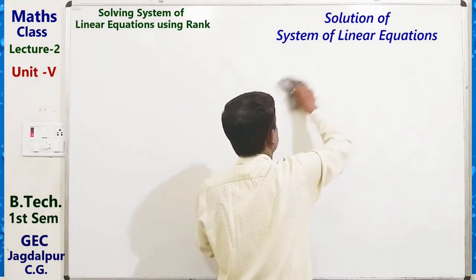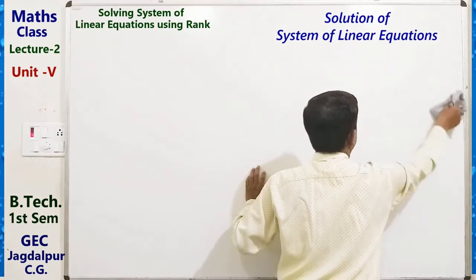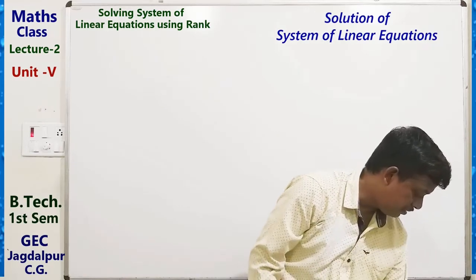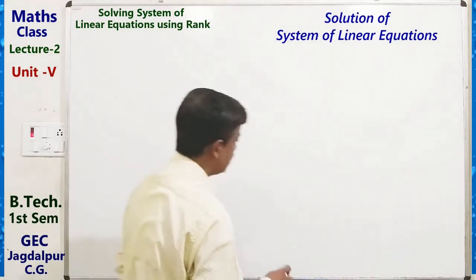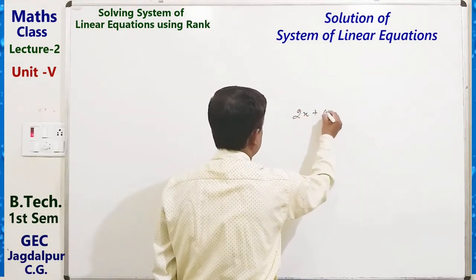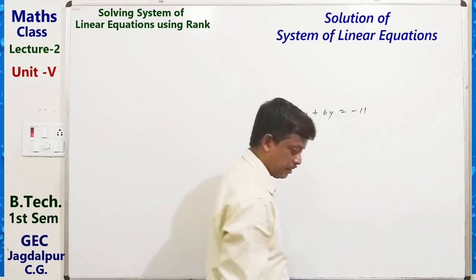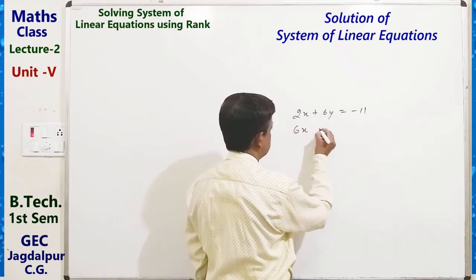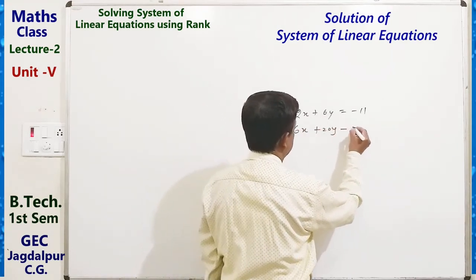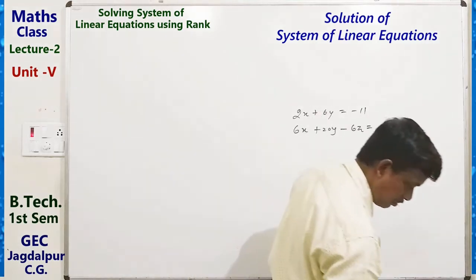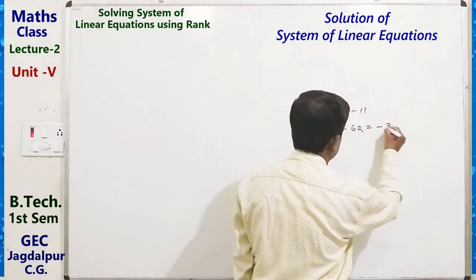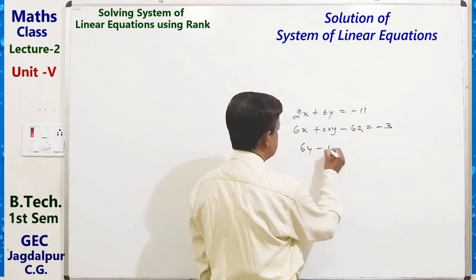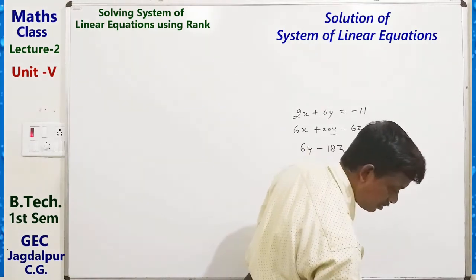Okay, so here consider 2x plus 6y equals minus 11, and 6x plus 20y minus 6z equals minus 3, and 6y minus 18z equals minus 1.